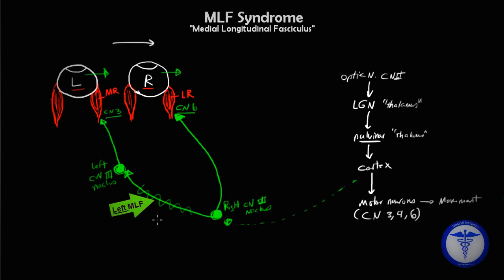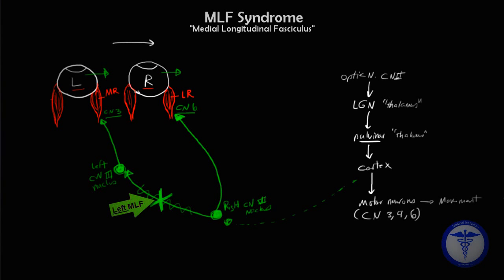Okay, so in the case of MLF syndrome, this pathway does not work properly, and since this pathway does not work properly, our left cranial nerve 3 nucleus does not get activated. Therefore, cranial nerve 3 itself does not get activated, and the medial rectus of the affected eye, which in this case is the left eye, does not contract, and the left eye remains in the center.